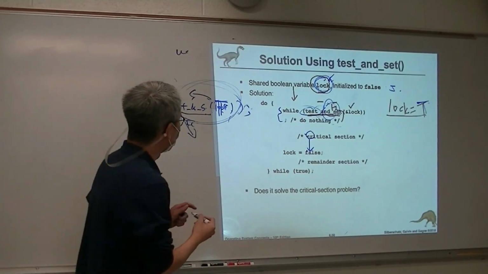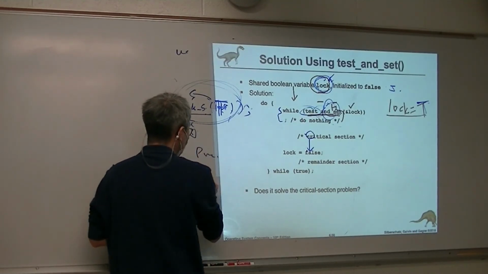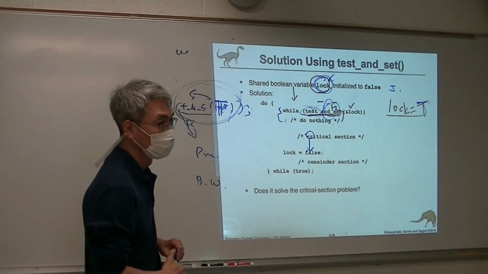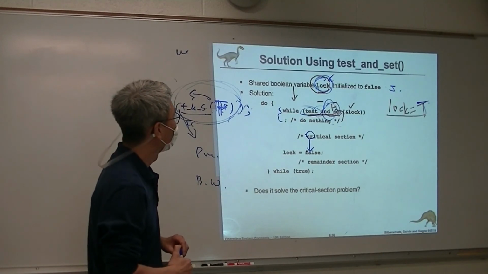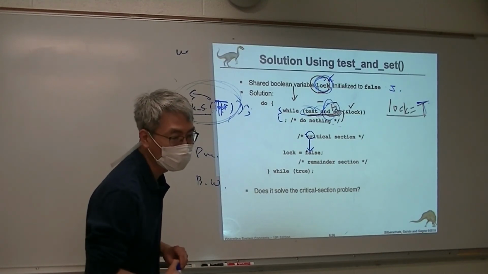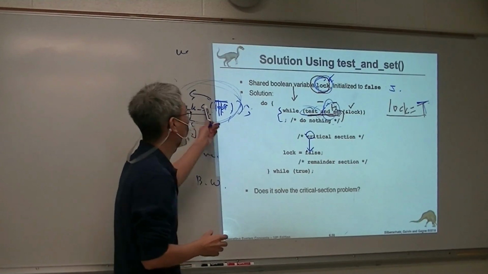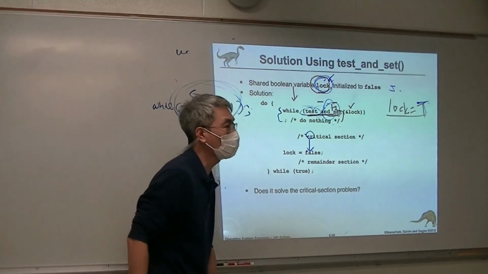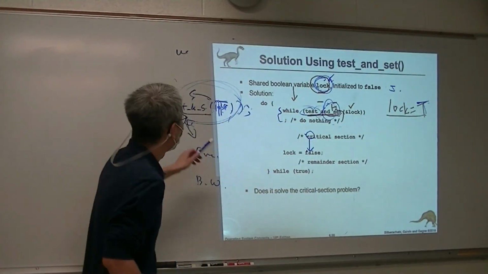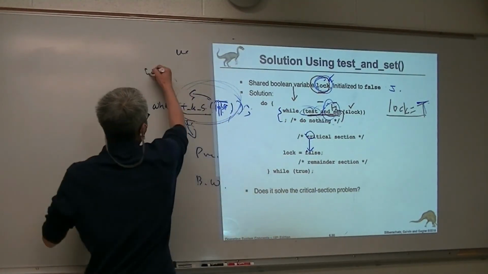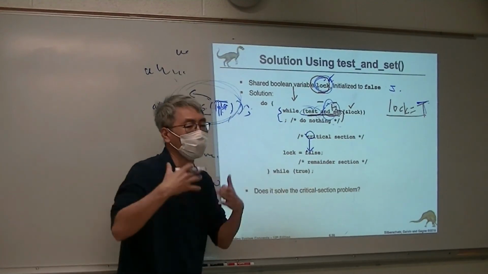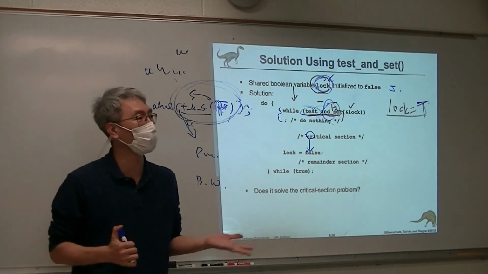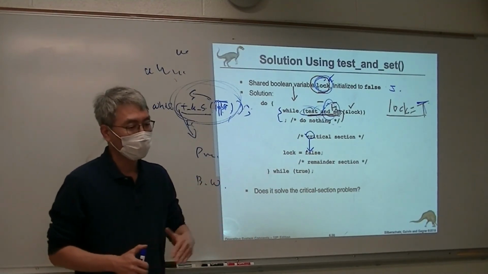But the problem is progress and bounded waiting. Starvation may be possible, because the wait can be really long. And also, there's one problem. If you have 100 processes running the while loop, what happens when you are running the while loop forever? You just keep going.